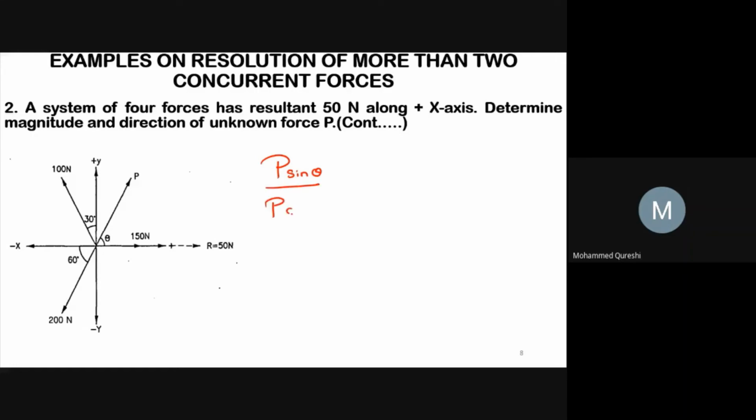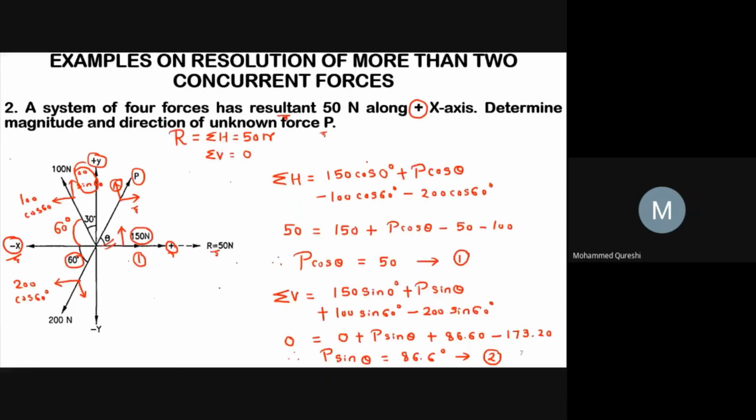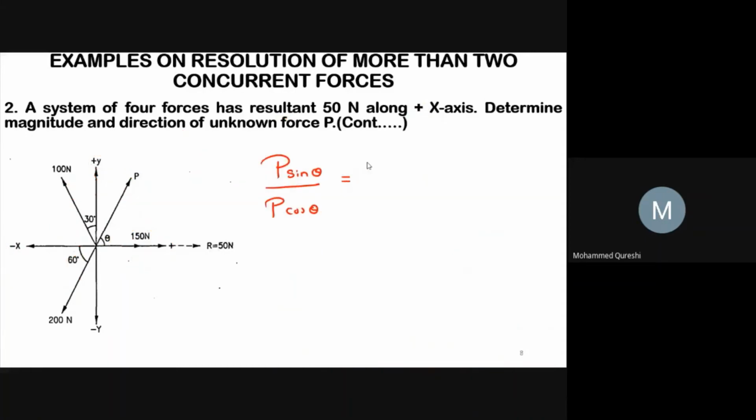So P sin theta upon P cos theta equals 86.6 upon 50. The P cancels, and sin upon cos is nothing but tan theta.